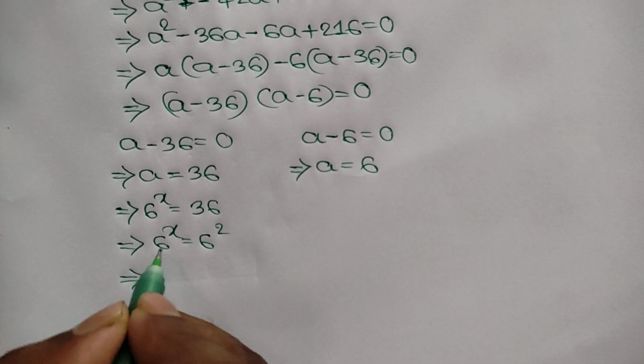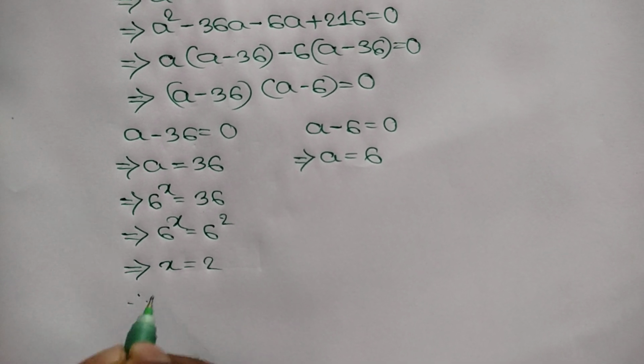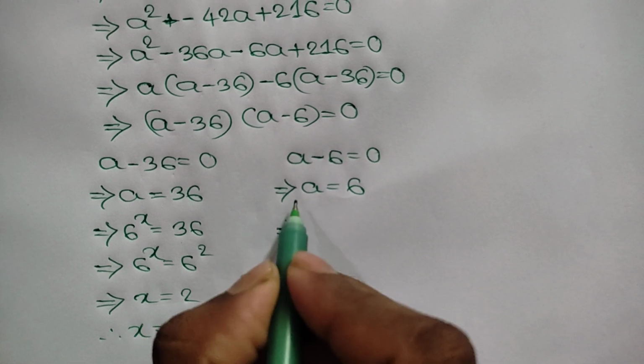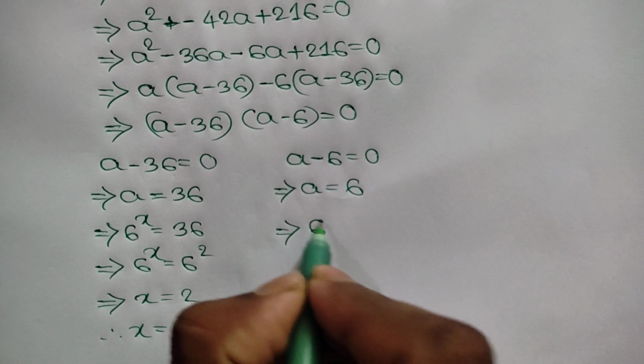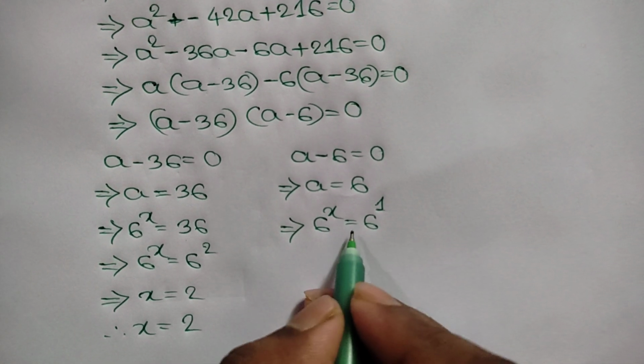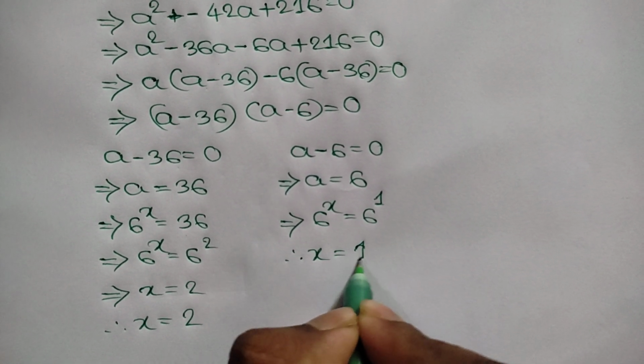Now there are same bases but different powers, so we can write x is equal to 2, so the value of x is equal to 2. And a is equal to 6 to the power x, so we can write 6 to the power x is equal to 6 to the power 1. Same base, so x is equal to 1.